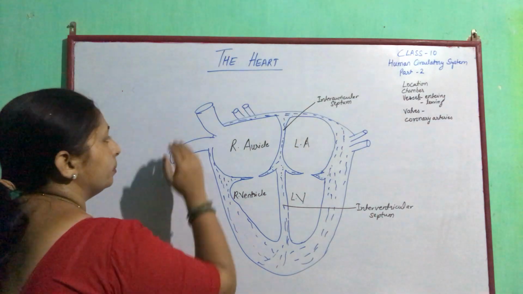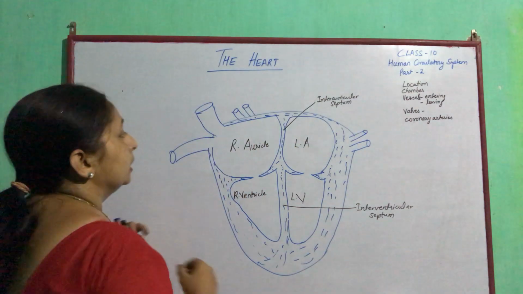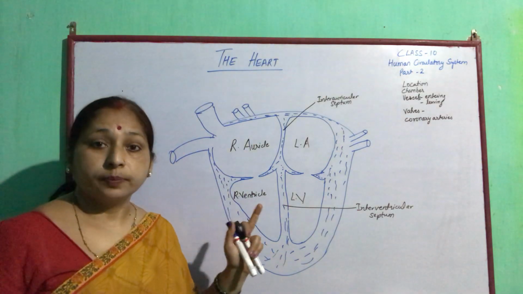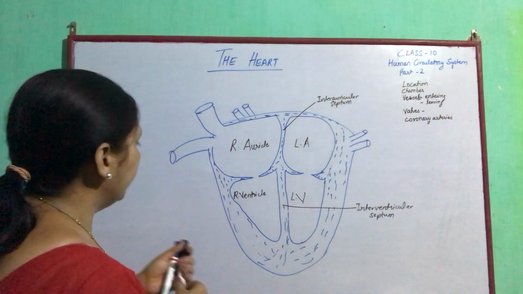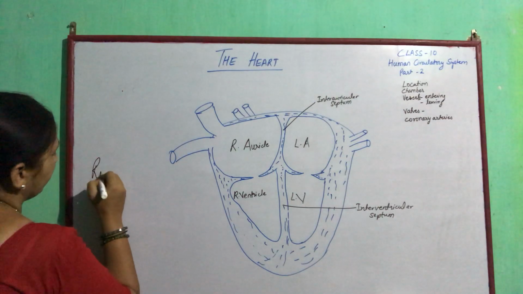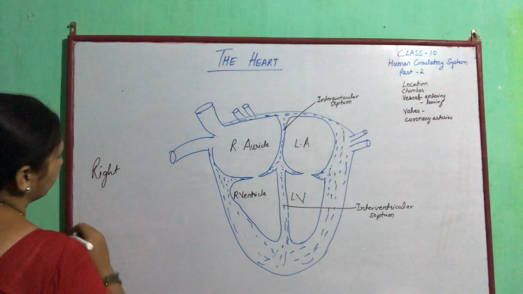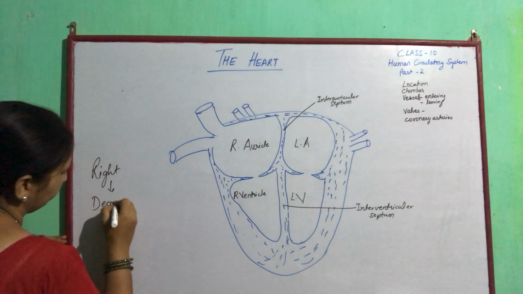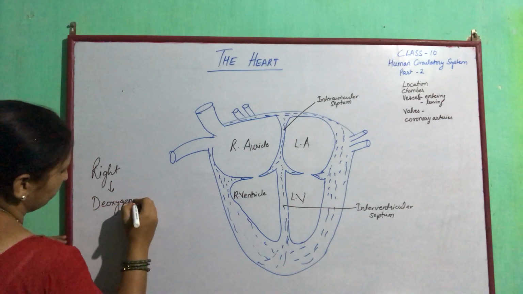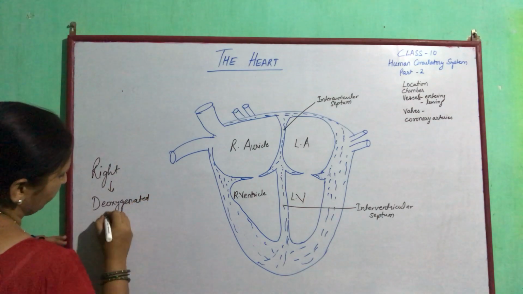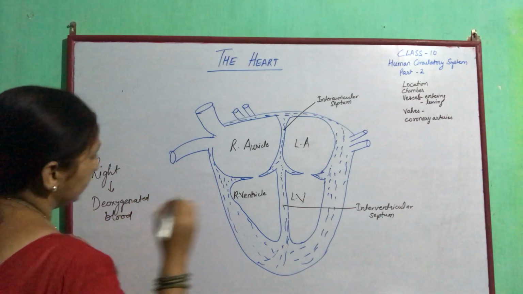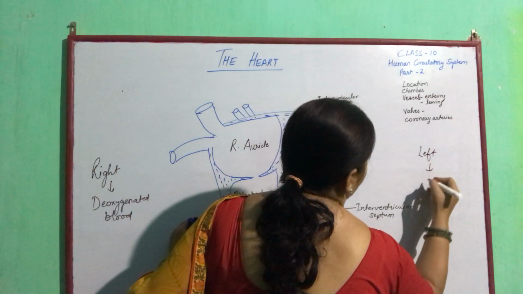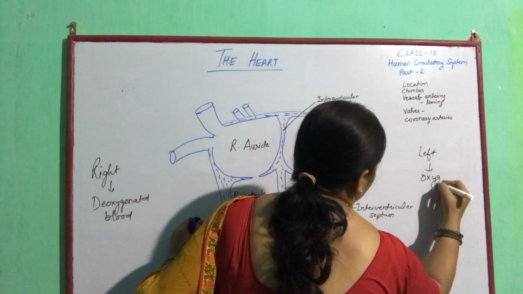The right chamber, the right part of the heart, is for deoxygenated blood, while the left part of the heart is for oxygenated blood.